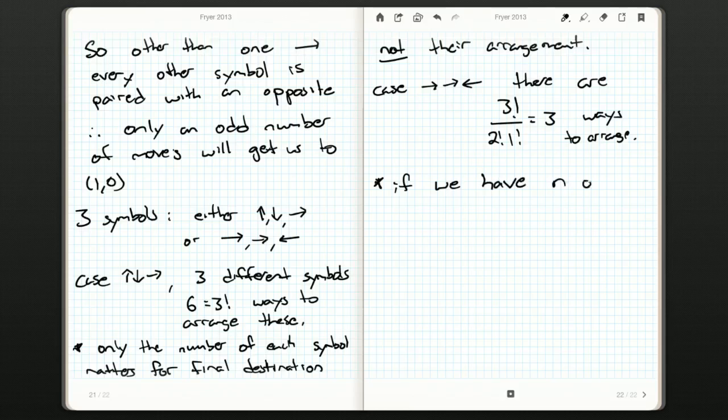We have n objects to arrange. And n1 of them are object 1, so maybe n1 of them are the letter A. So maybe 3 of them are the letter A, 2 of them are the letter B, and 5 of them are the letter C, and we have 10 objects to arrange.